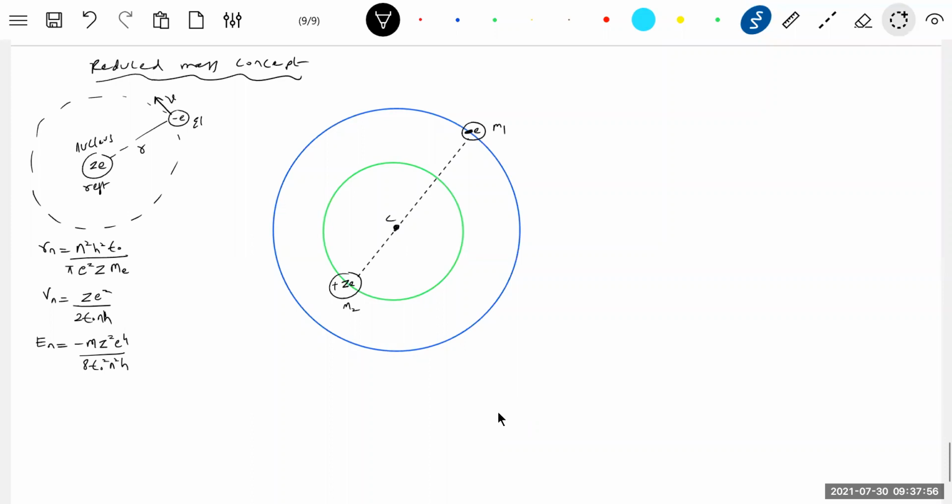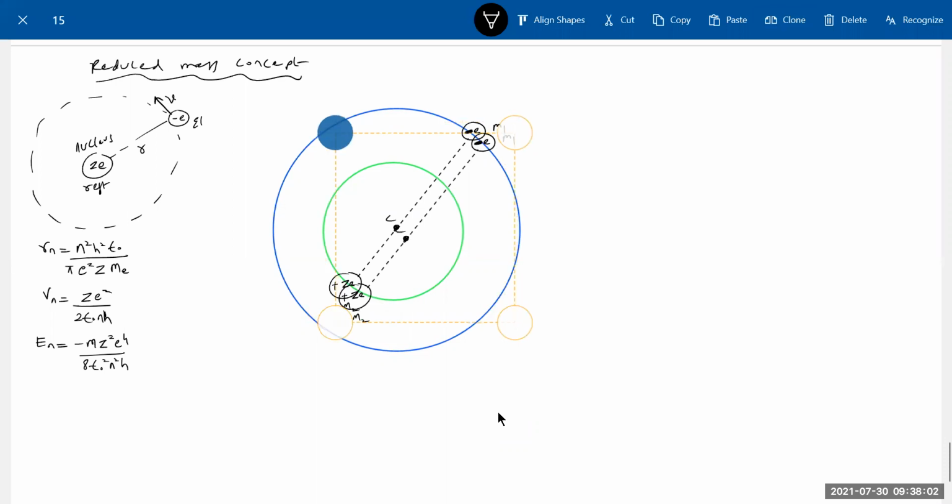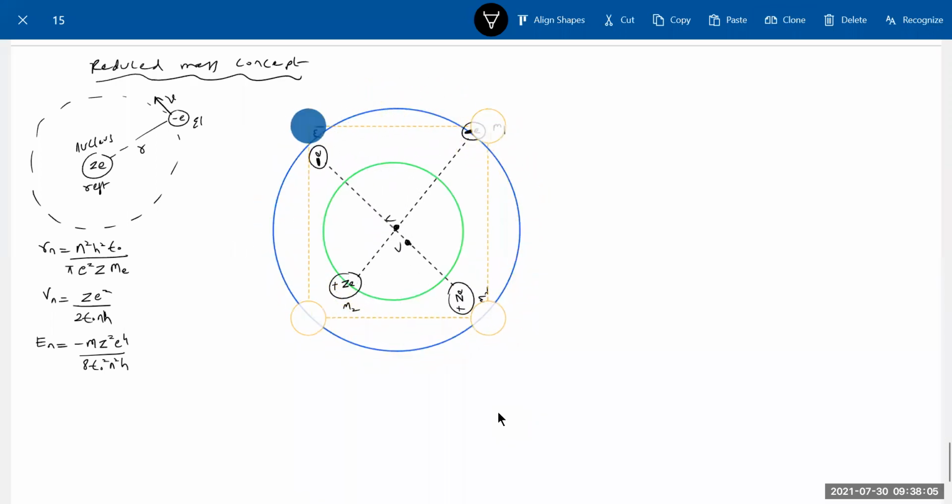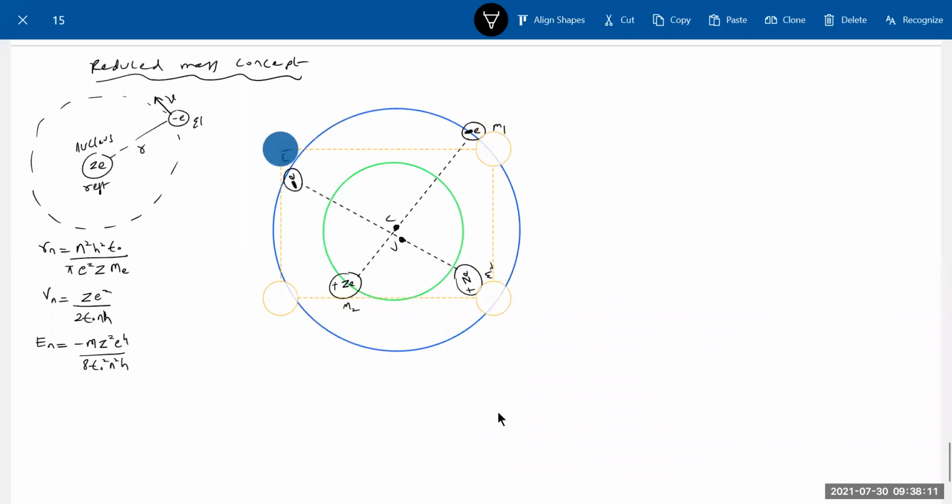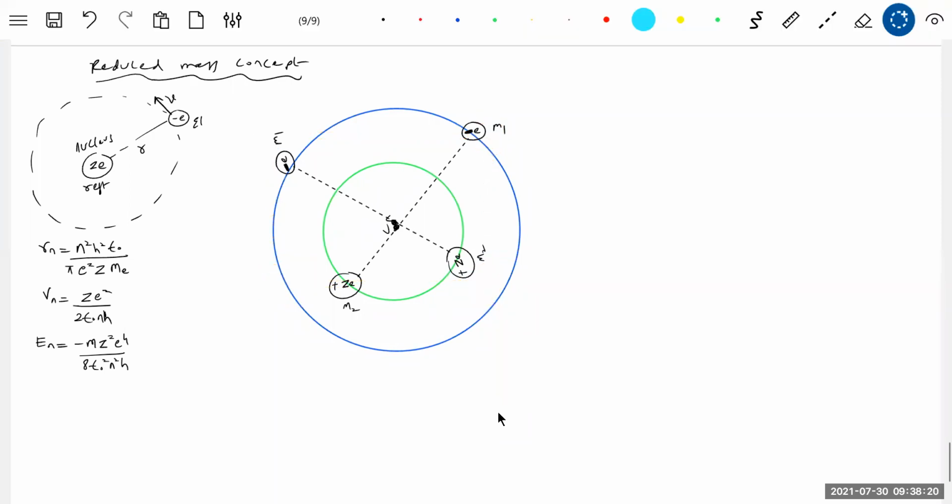Then after some time, this will be the situation. They'll rotate about a common center with an angular velocity omega.